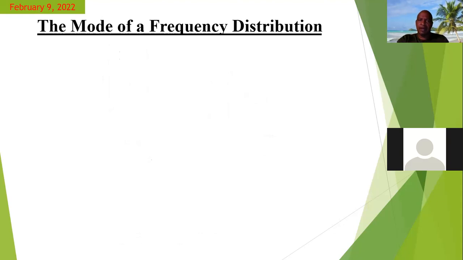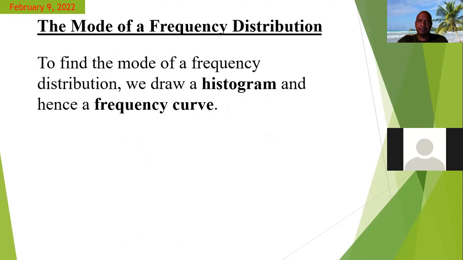Now, in order to find the mode of a frequency distribution, we may use either the histogram by itself, or we may use the frequency polygon. So to find the mode of a frequency distribution, we draw a histogram and hence a frequency curve, or otherwise a frequency polygon.